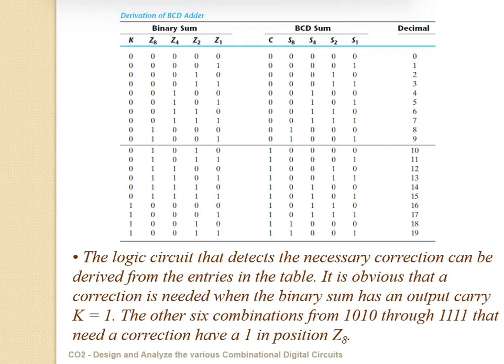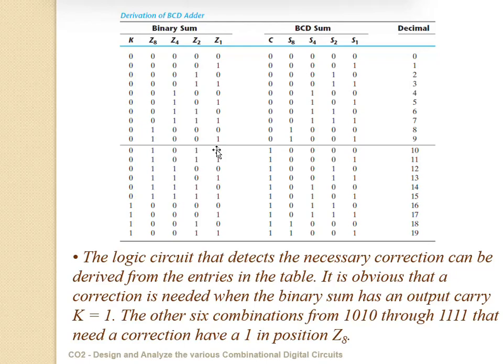So the binary sum starts from 0 to 19. If it is BCD, only 0 to 9 will be there. From 10 onwards, it will be represented in BCD representation. The conventional binary value for decimal 10 is 01010.